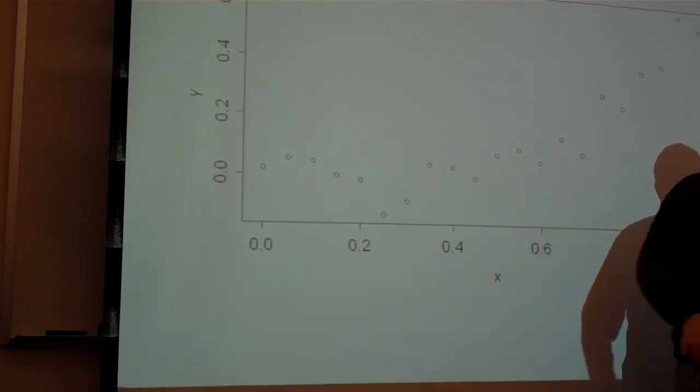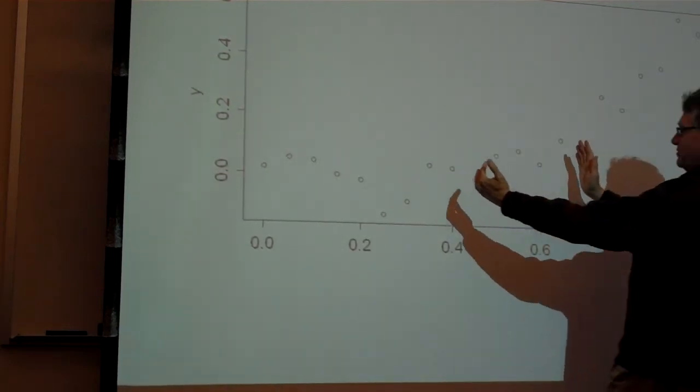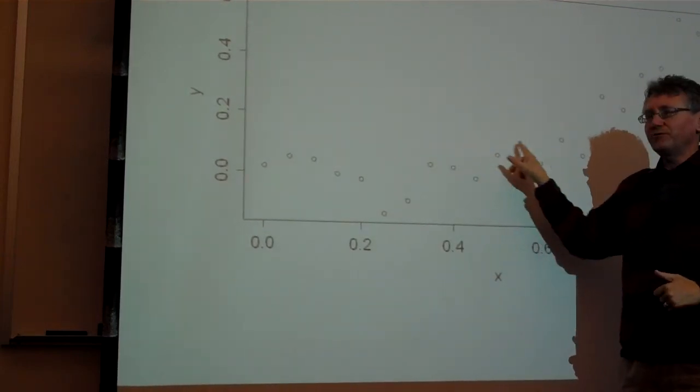Then the question is, how big should I make the neighborhood? And more generally, even if I look at this neighborhood and I'm here, should I give more weight to the nearby points than to the more distant points?